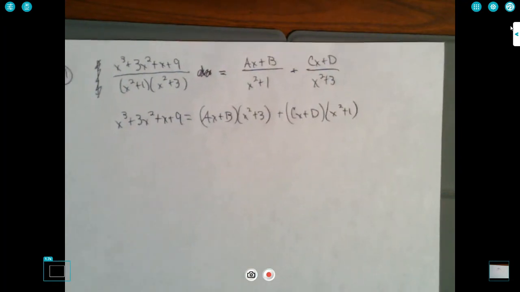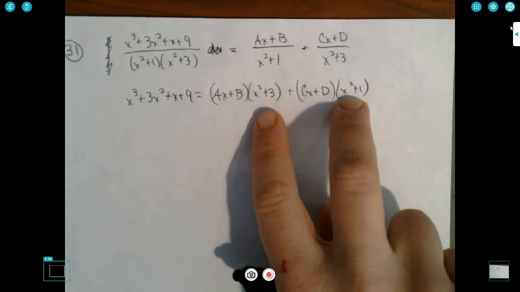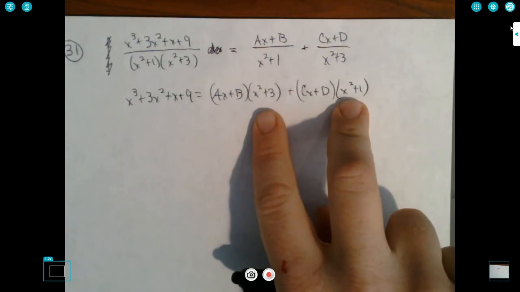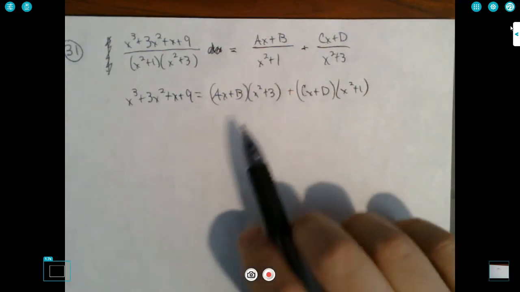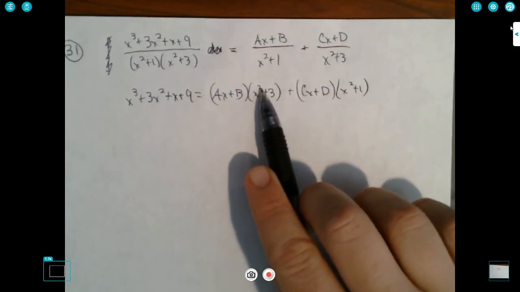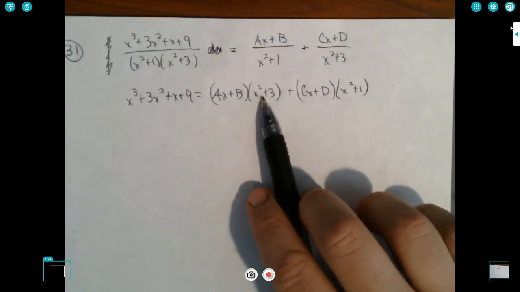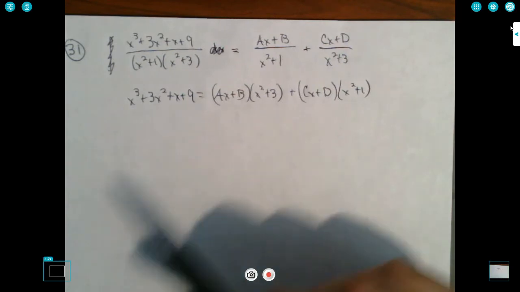Now, the thing that really is difficult about these irreducible quadratics is that it's not easy to cancel stuff off. When I plug in something here, when I square it, it's going to become positive. And so when I add 3, this is never going to get to be 0. And so that just makes it difficult.